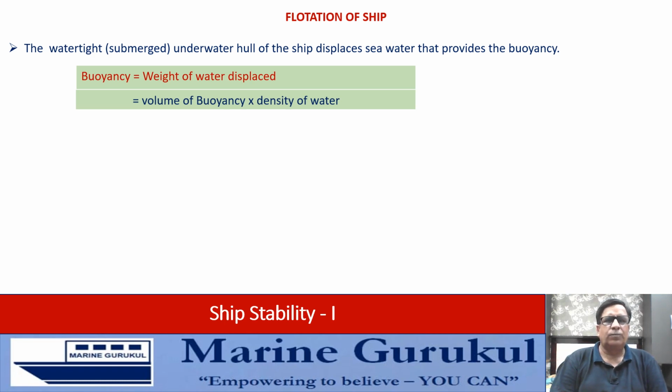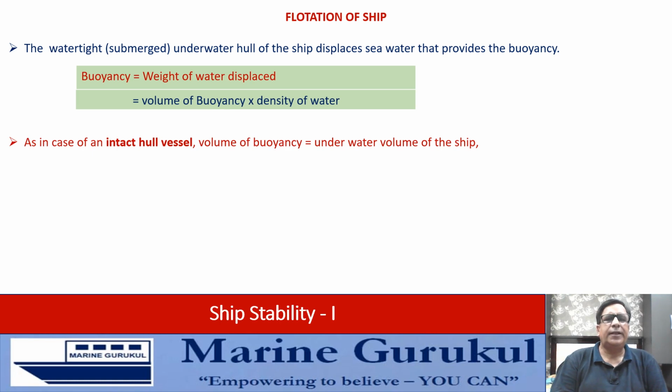And since this volume of water displaced is responsible for providing buoyancy, it is also referred to as volume of buoyancy. Therefore, we can say buoyancy is equal to the volume of buoyancy multiplied by density of the water in which the ship is floating.